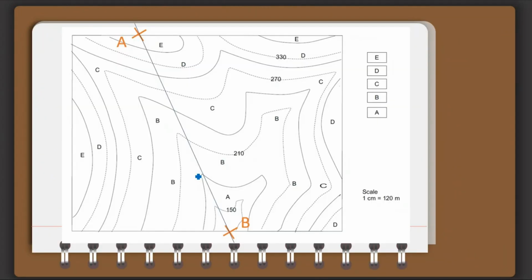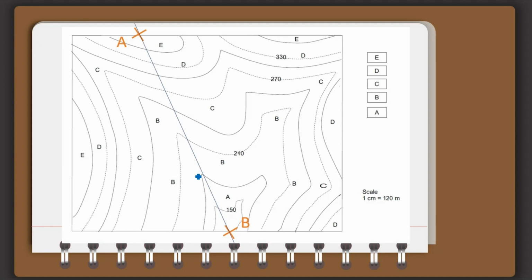In this case, the height between two contours, the contour interval, is uniform, but the distances between these contours are not uniform, so it is not a proper value. As a geologist, we do a small trick.